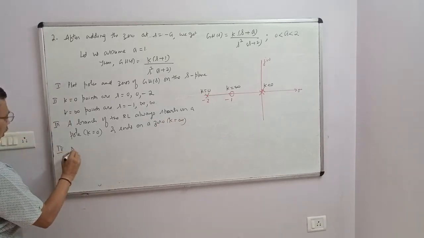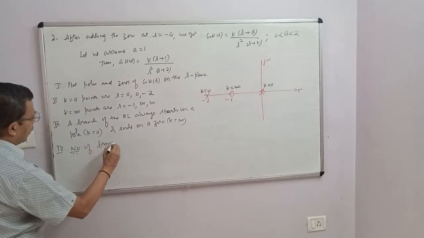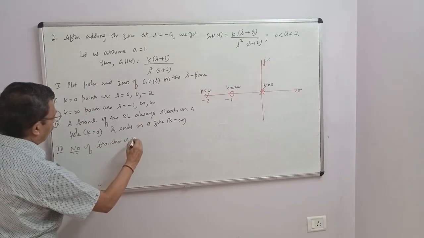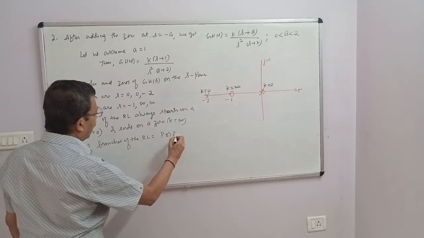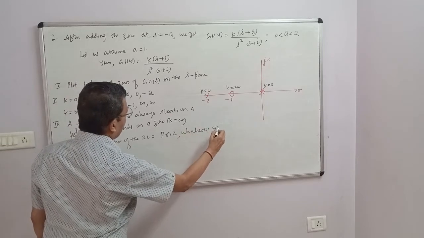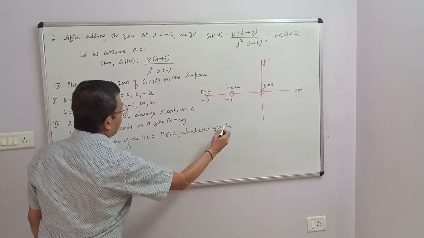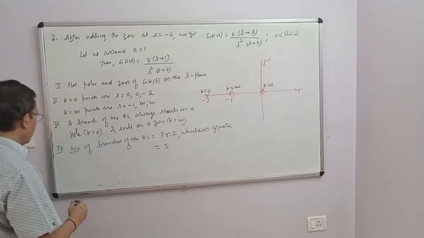Step number 4. Number of branches of the root locus is equal to p or z, whichever is greater. Here p is 3 and z is 1. Therefore, number of branches is equal to 3.